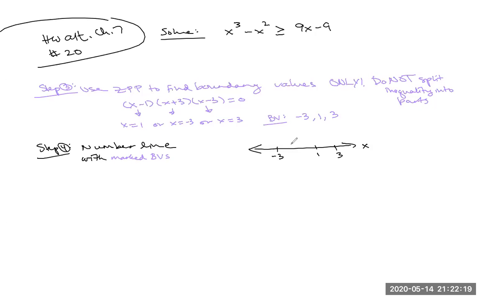Okay, from our original inequality, we see that there is an equal sign in here. It's essentially a greater than or equal to sign, right? So that means we are going to include the boundary values.